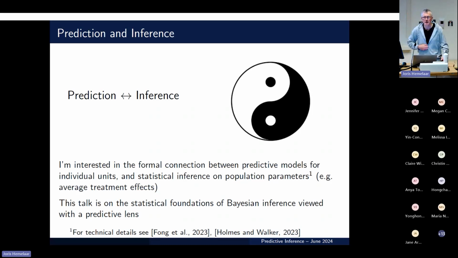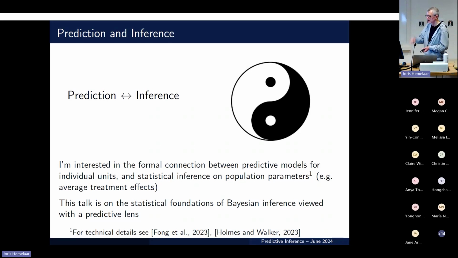But a lot of medical science and epidemiology wishes to aggregate at the population scale. What is the effect of an air pollutant on the population, the average treatment effect? And so there's this interesting interplay between, if you've got a model that's really good at doing individual prediction, how can we aggregate that up to a model that is good at doing population scale inference?